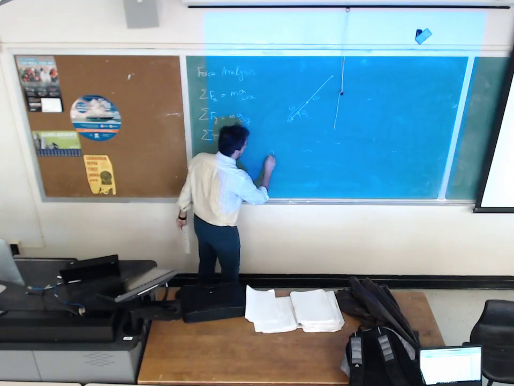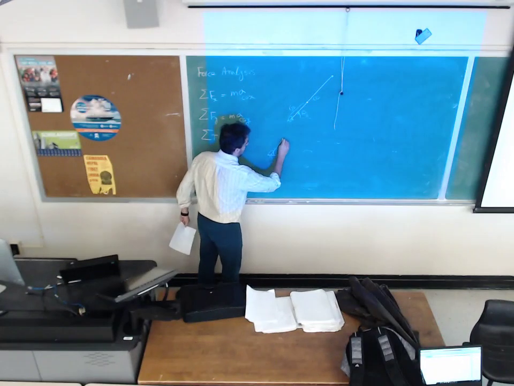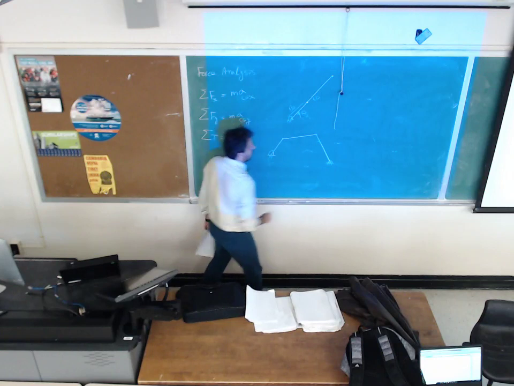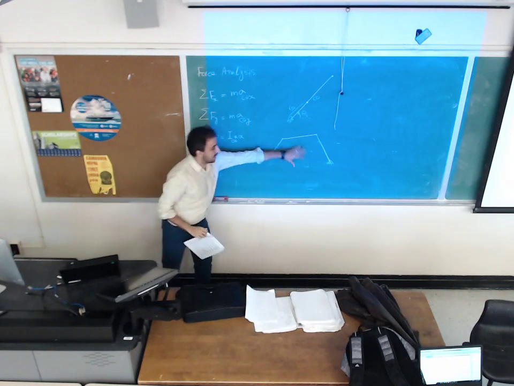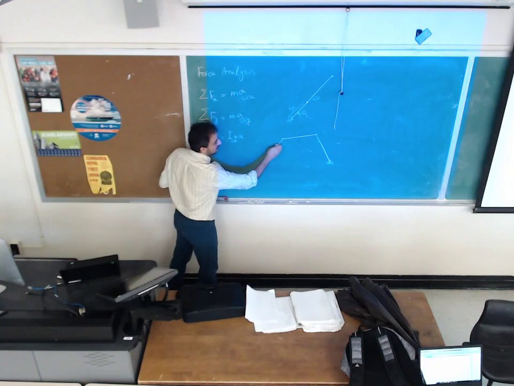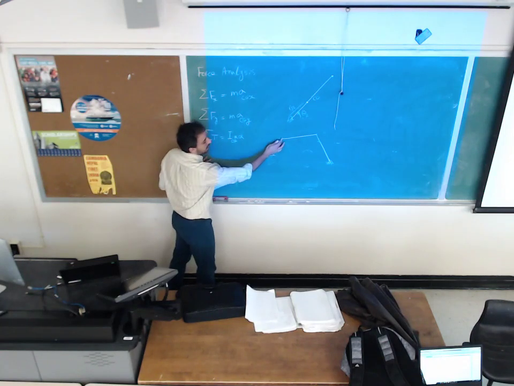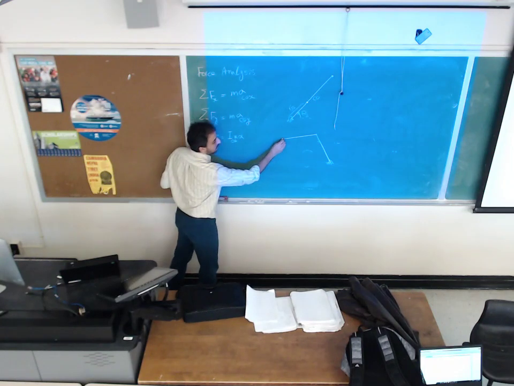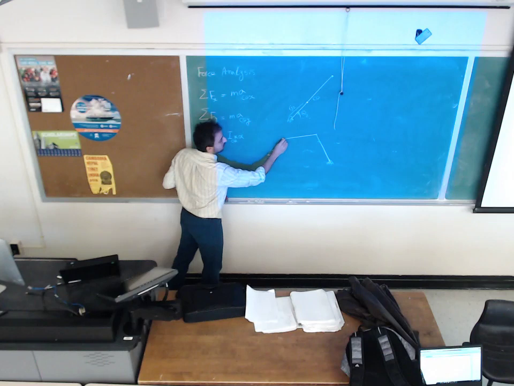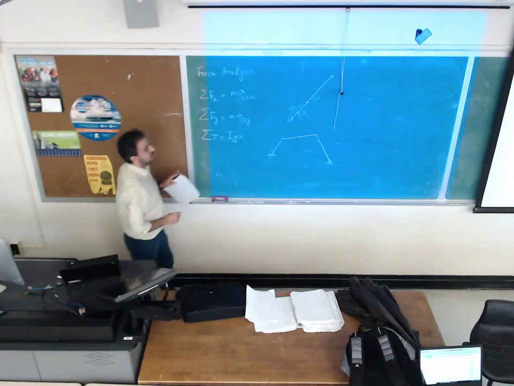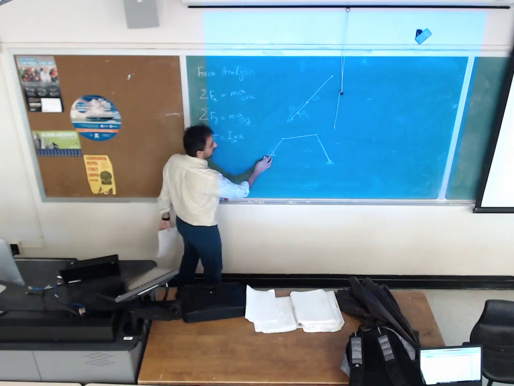Alright, if I have a 4-bar mechanism, when it's running, I'm looking at the free body diagram of this rigid body, link 2. Link 2 has been connected to link 3 through this point, and it has been connected to link 1 through this point. So these 2 points are the points where the forces are going to apply to link 2.